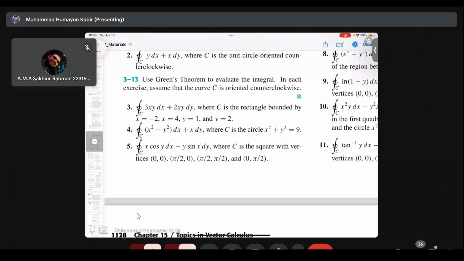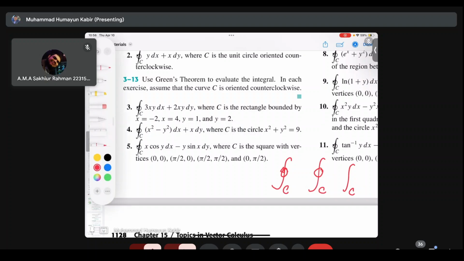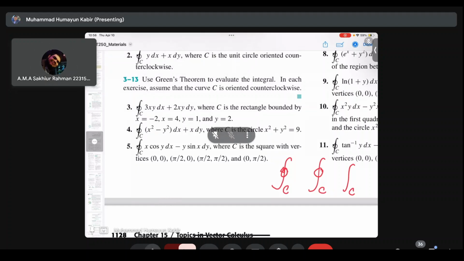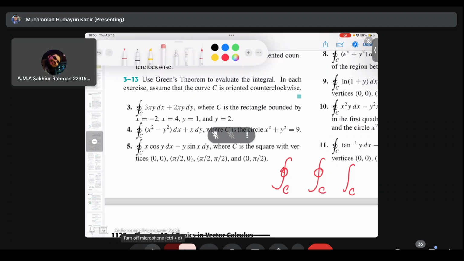Okay, so look, here you have a different notation. Of course, you should ask me what the meaning of that notation is. Look, if you have this one, do you know the difference? It shows that the curve is closed. No, not a surface integral. Not surface. Still, it is a line integral.